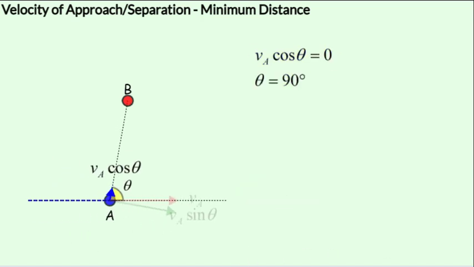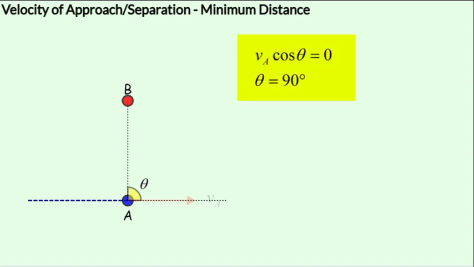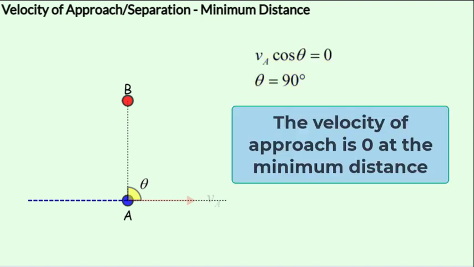If we run the animation up to the point where the line joining A and B is perpendicular to the path of A, we can see that at this point theta is 90 degrees, and therefore VA cos theta is 0, which means that the velocity of approach reduces down to 0.